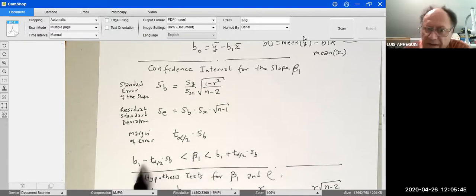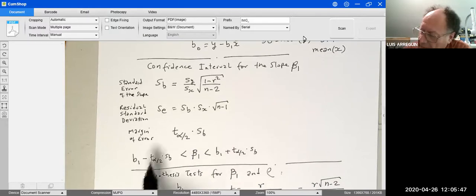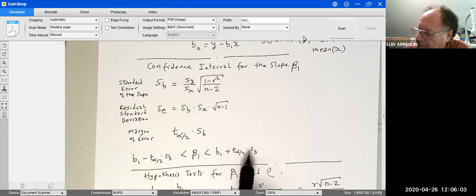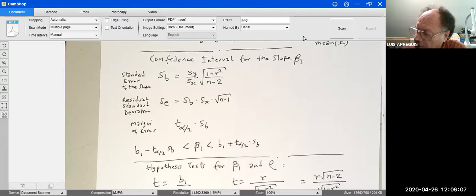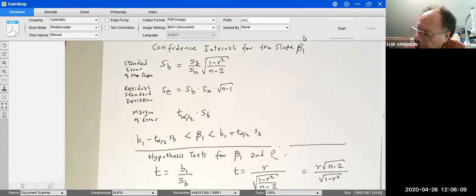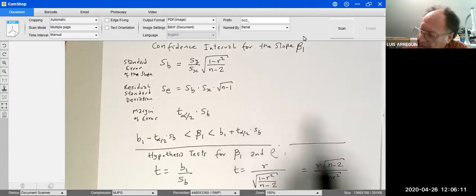So the slope minus the margin of error is going to give you the lower limit for the slope of the population regression line, and the estimate b1 plus the margin of error is going to give you the upper limit for the slope of the population of the bivariate data.